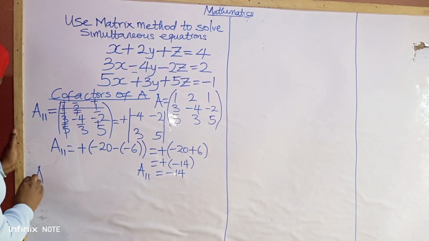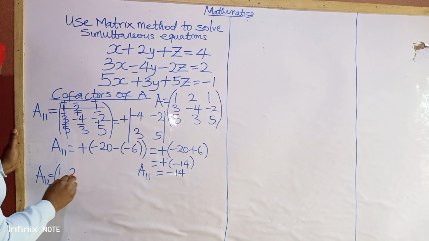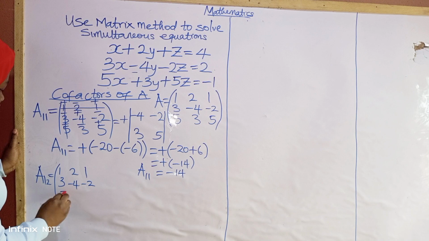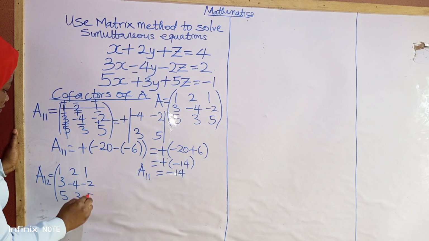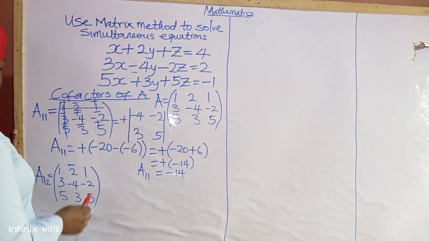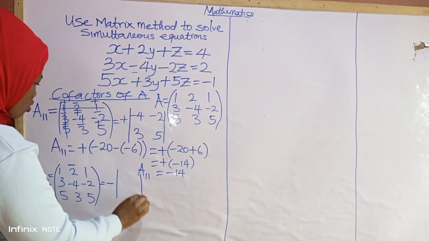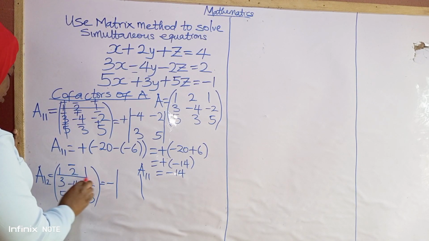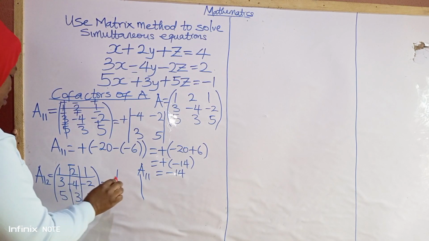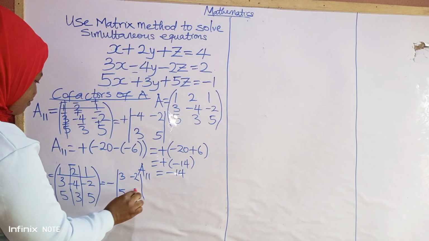So here 1, 2, 1, 3, minus 4, minus 2, 5, 3, 5. So here it has minus. That is A12. So it will be minus, then determinant of, cover it horizontally, cover it vertically. So I'm left with 3, minus 2, 5, 5.